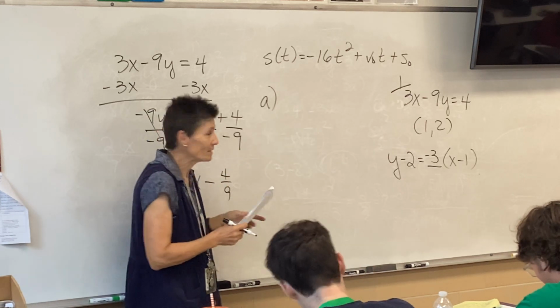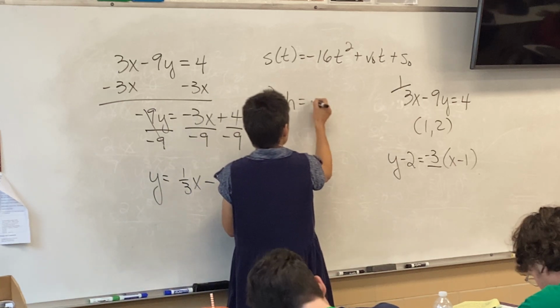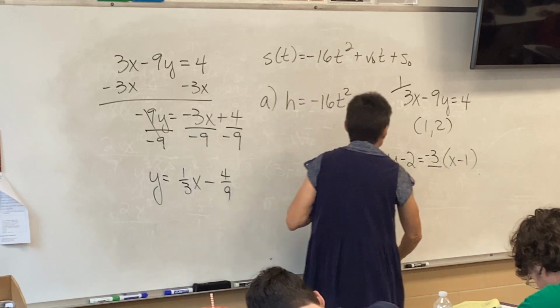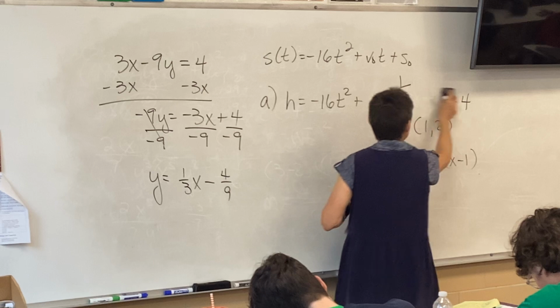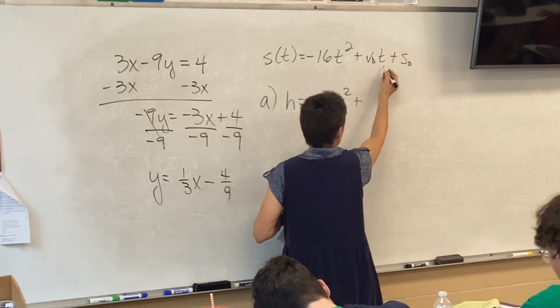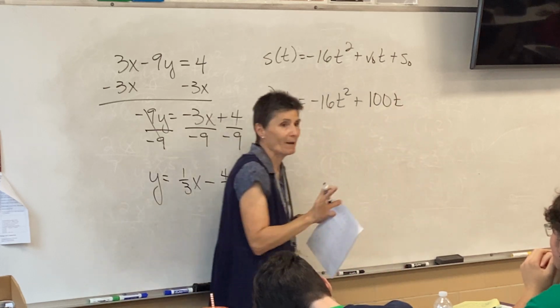So what is the equation for this problem? Read the problem. H equals negative 16t squared plus what? 100t. Don't forget there's a t hooked to that. You can make it an x if you want. Doesn't matter. The variables you use don't matter.